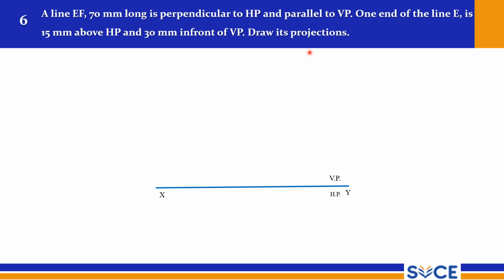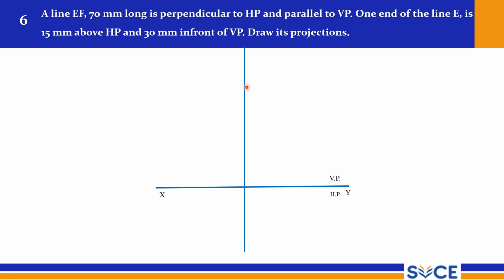So this is the XY reference line. We have VP and HP. Draw a single projector, because we are going to have only one projector on which we will have the final projections. You have to start with the true length line. So where will you get the true length line? Here it is obviously in the front view, because it is parallel to VP and perpendicular to HP.